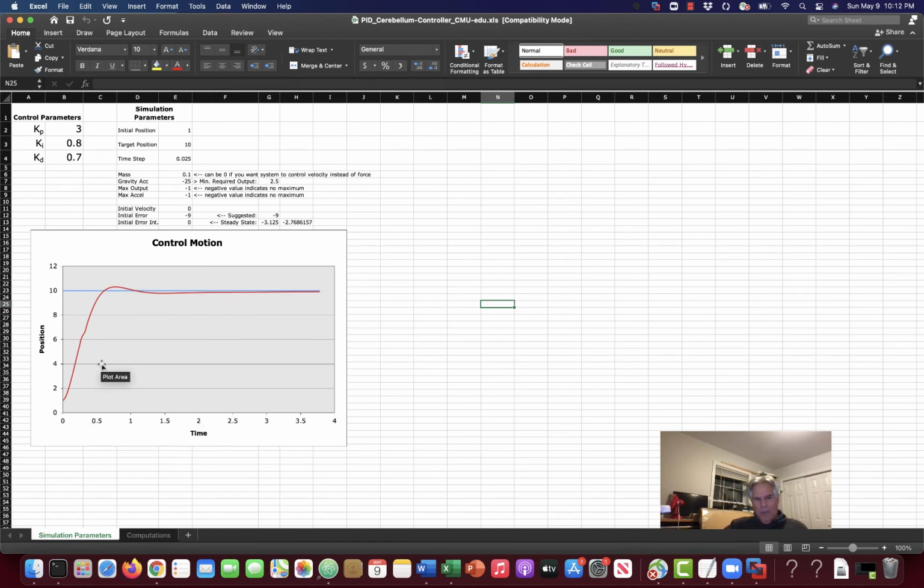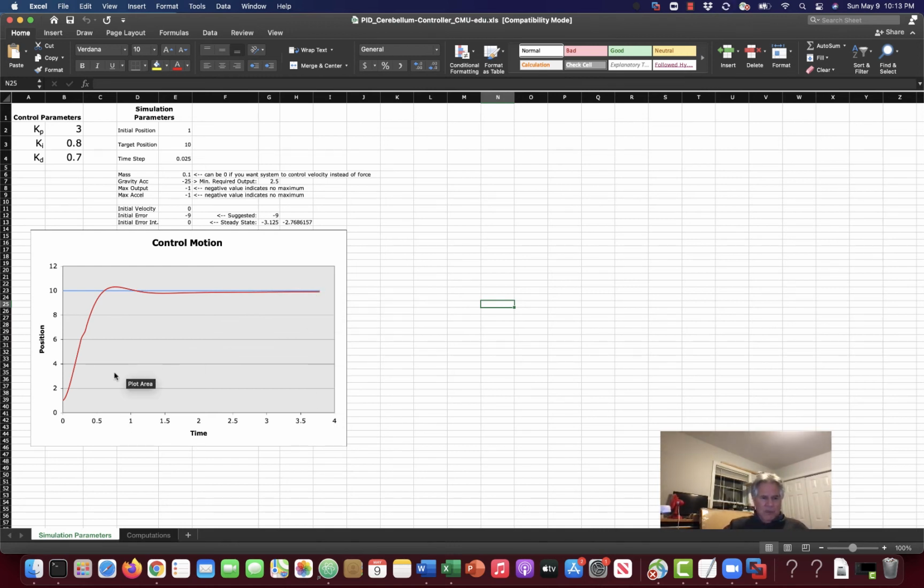So in this instance, proportional is 3, integral is 0.8, and derivative is 0.7. And you can see this system, which starts out at initial position 1 and is supposed to go to target position 10, has just a tiny amount of overshoot. It comes back and then it settles out in a certain amount of time here, I guess 3.5, 4 seconds.